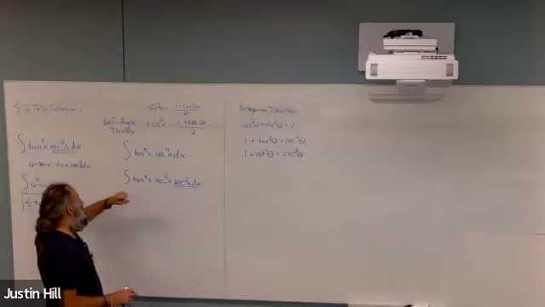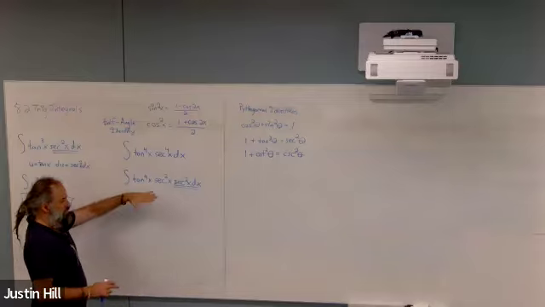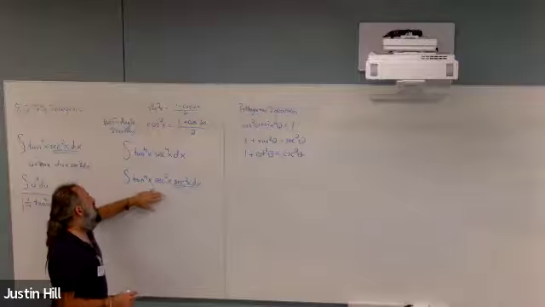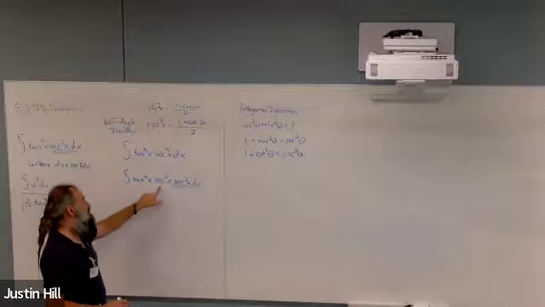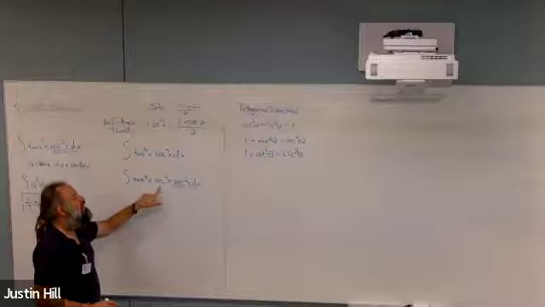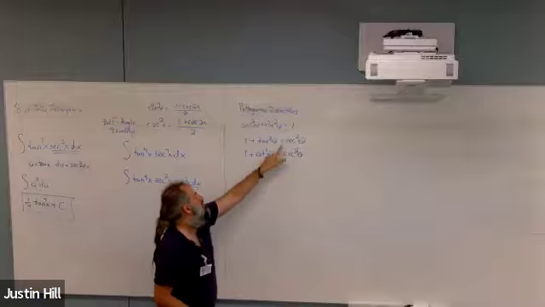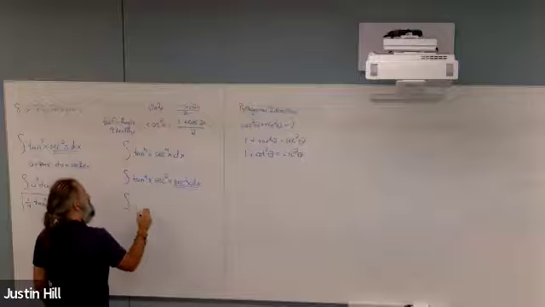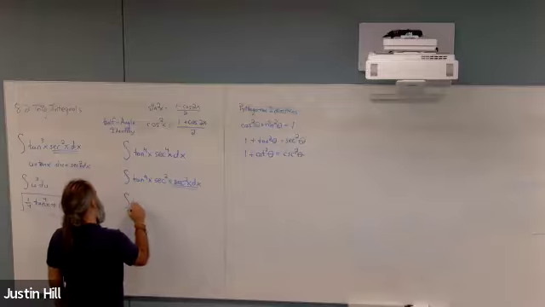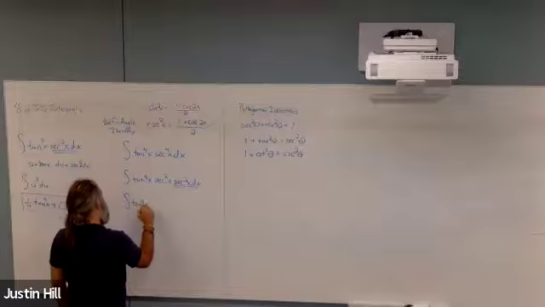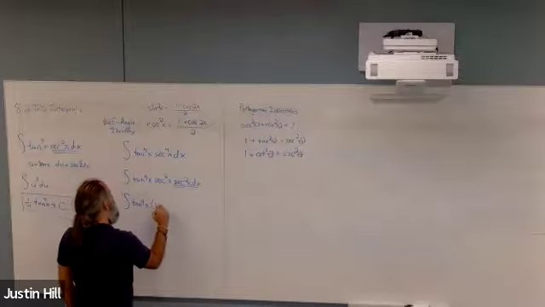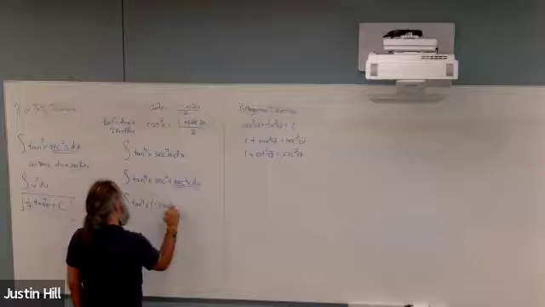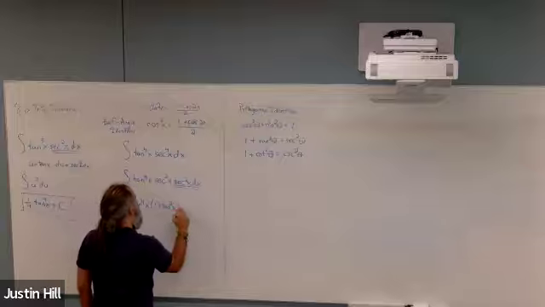So again, if I want to choose u to be tangent, what this is suggesting is u should be tangent because then this is my du, but I have this extra secant squared there. Now let's replace secant squared with 1 plus tangent squared. So we're going to have tangent to the fourth x times 1 plus tan squared x with still my secant squared x dx.